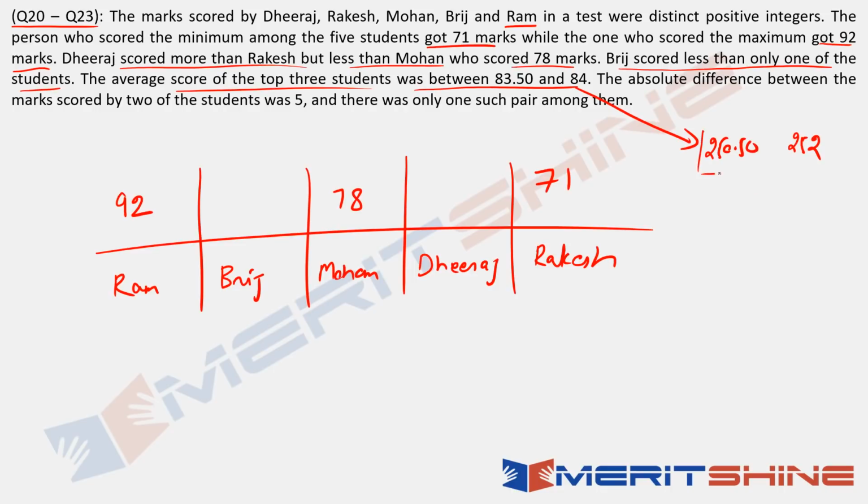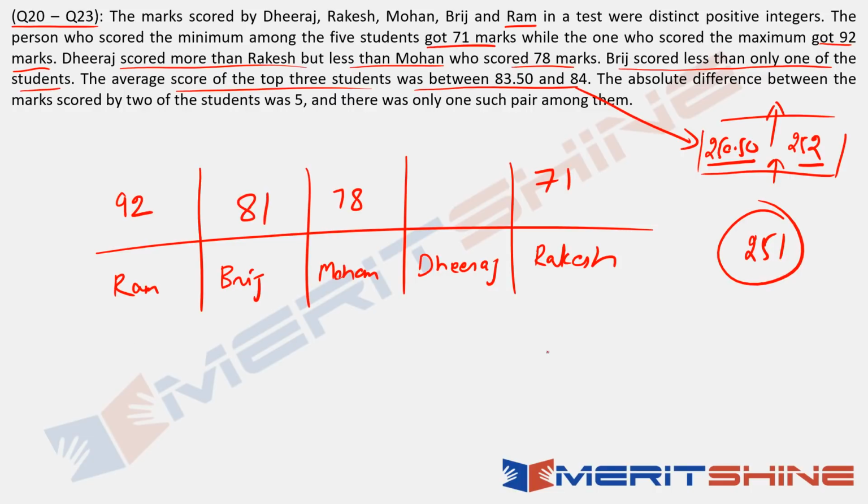What is the meaning of between? If something is in between, it does not include the endpoints. In any case, it has to be a single number. So what lies between 250.5 and 252? Just one number, 251. So that's the total of these 3. You know that this one is 92, 78, fine, 92 plus 78 is 170. Subtract it from 251, so you get 81. So this becomes the answer, 81 here.